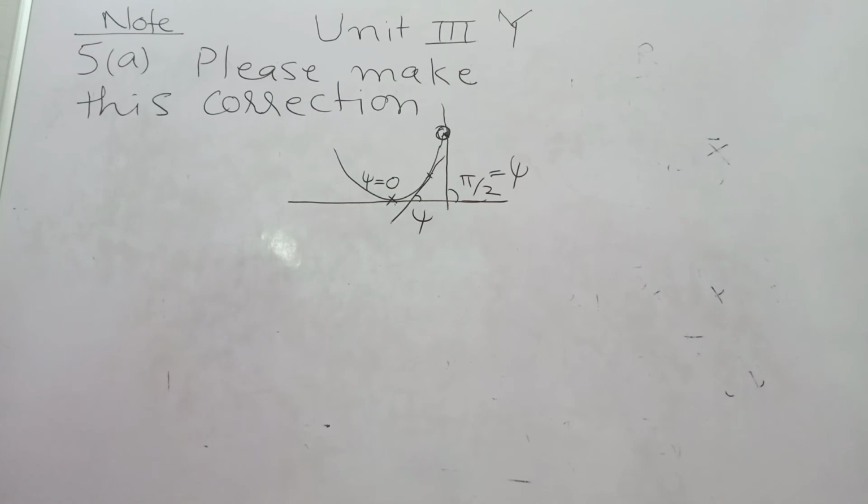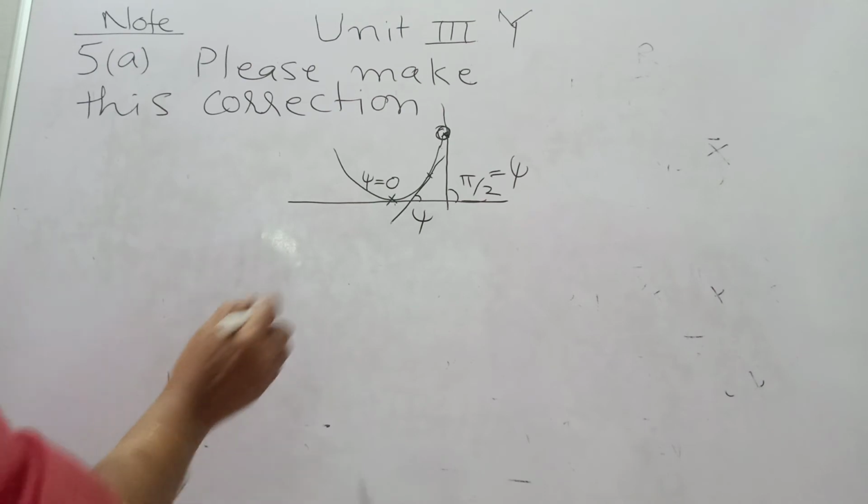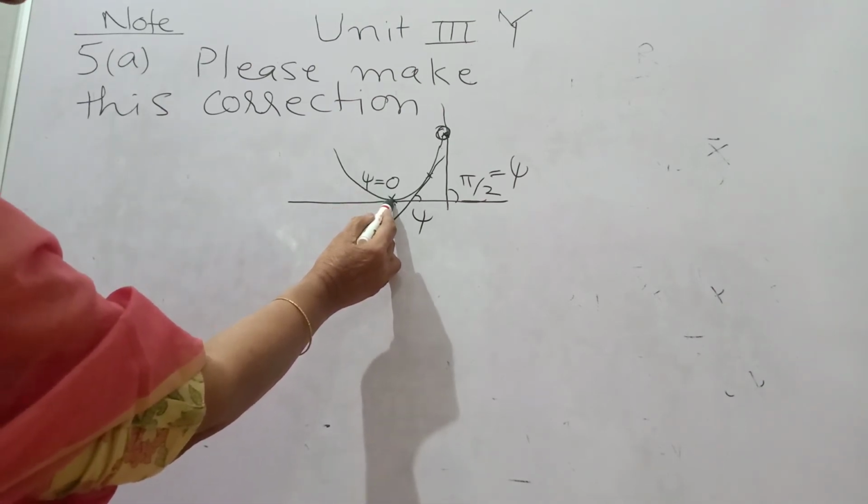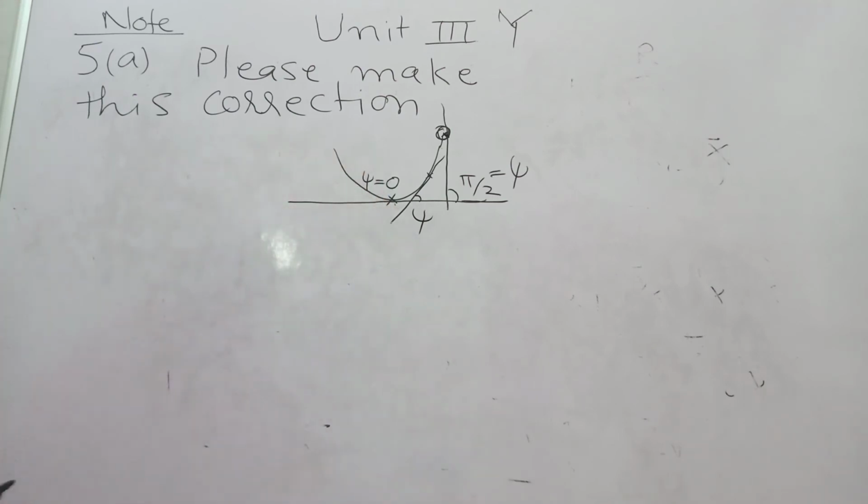You can observe. And in that question, what did I do? I took psi equal to pi by 2 at this very point, just to see whether you understood the concept or not. Isn't it? The integration constant must be evaluated from the initial and final conditions.